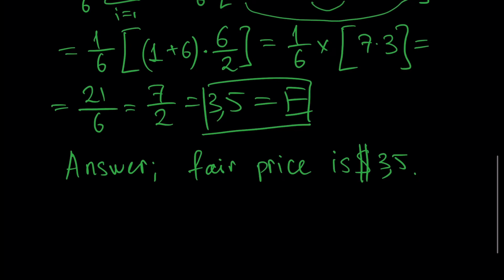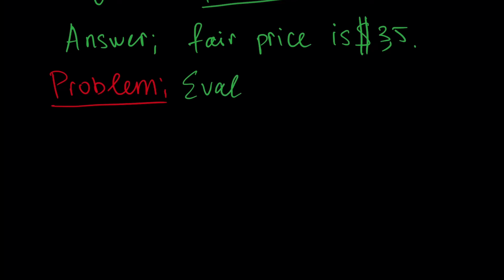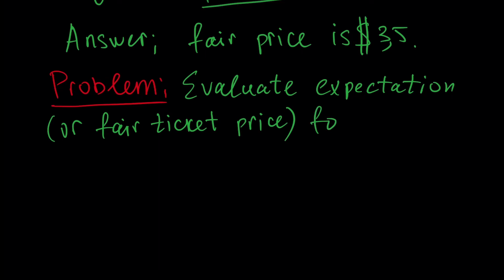Okay, let's solve another problem and make it harder. The next problem: evaluate the expectation, or fair ticket price, for an n-sided die.